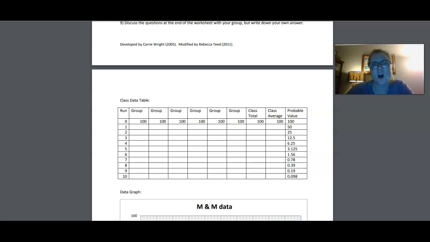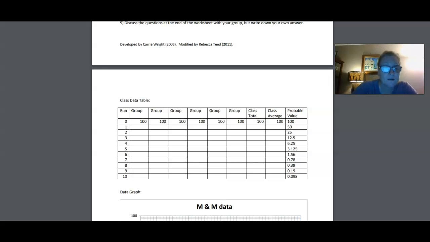And that's why we wanted to take a look at your class data. Because if you average all the numbers together, then you get a value closest to 50, which is half of 100, one half-life. If you take 50 and divide it in half, you get 25, right? Half of 25 is 12.5, and half of 12.5 is 6.25.